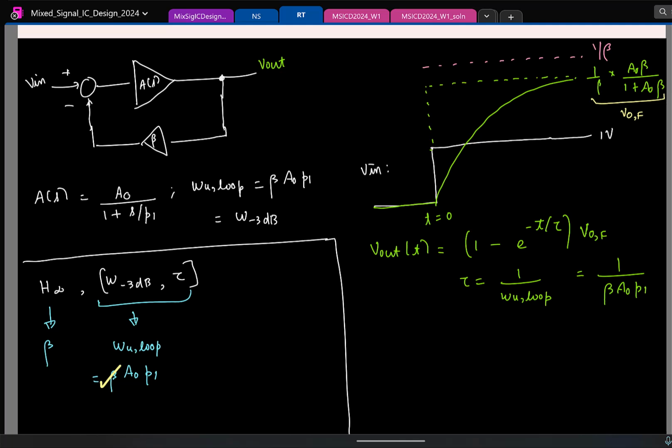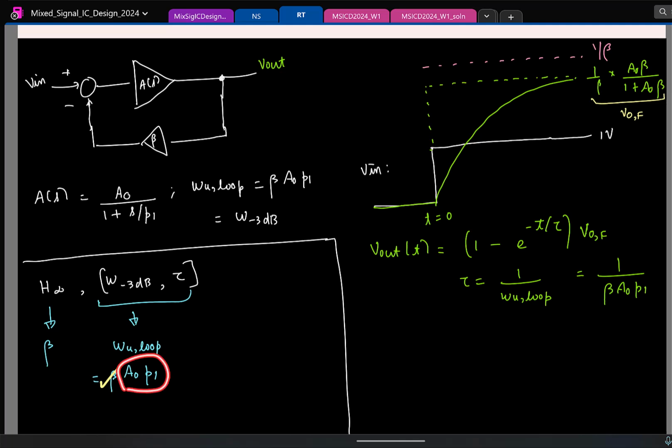Okay, let me rephrase the same. Is there some specification you can define for the closed loop system that will help you determine what is the open loop gain I can use? Amplification is just the gain, right? 1 by beta. Closed loop? That's basically beta A naught P1. That is not setting anything on A naught.